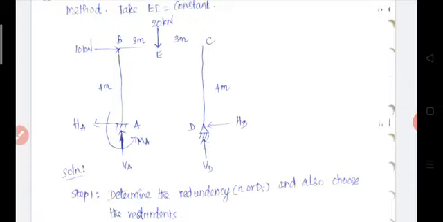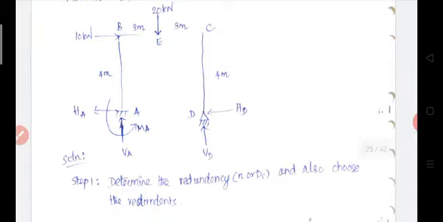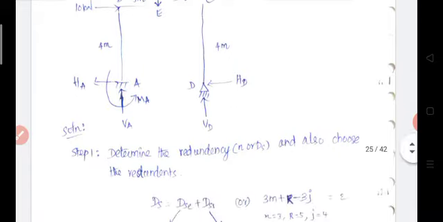At the fixed end there are three reactions, because a fixed end offers both translation and rotational restraints: one vertical reaction, one horizontal reaction, and one moment reaction. At the end D, the pin support offers resistance against translation, so only two reactions are created, Vd and Hd.